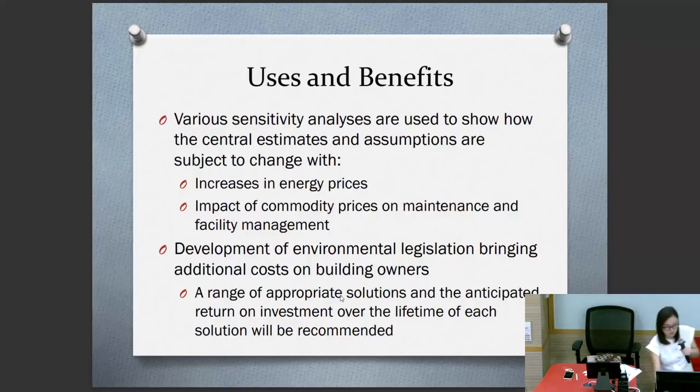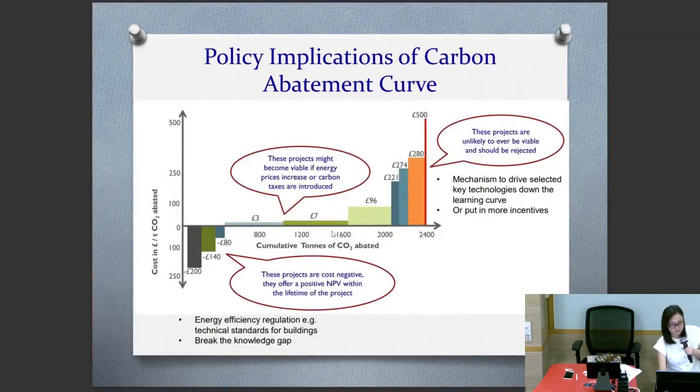Like earlier in this chart, if the carbon price is too cheap, cheaper than this amount, then people will just pay the carbon tax or buy the allowance from the market instead of implementing this technology. So the carbon price should be higher than this value. Then the organization will invest in this technology and be able to reduce these carbon emissions.